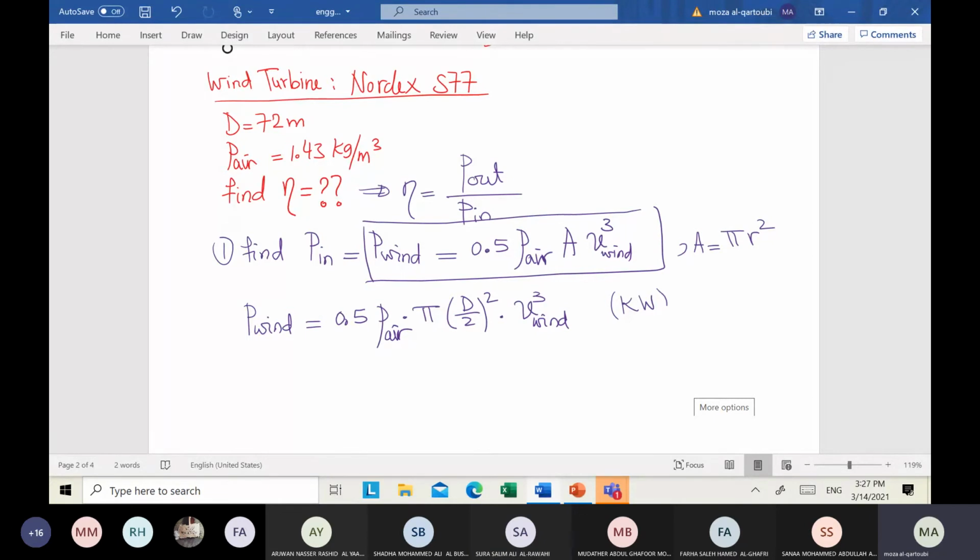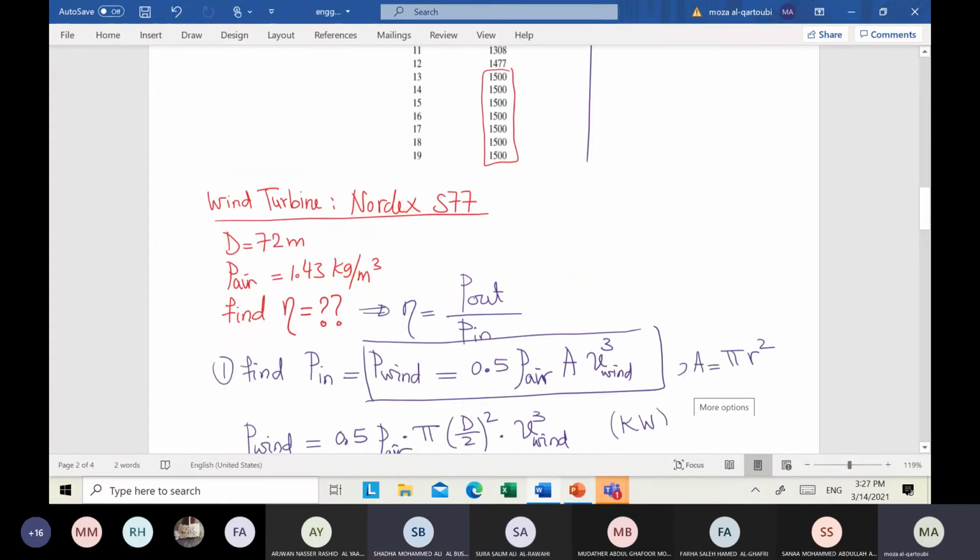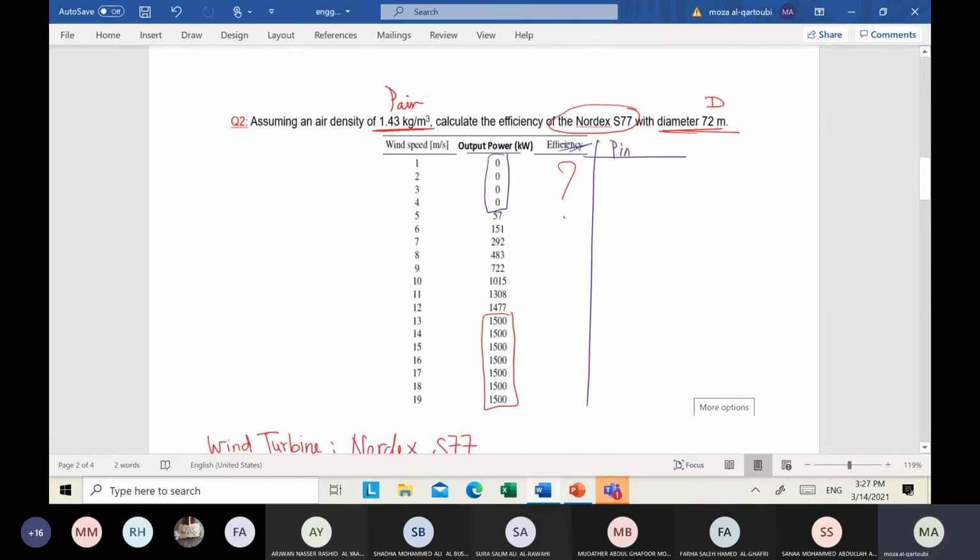So it depends only on the speed, the wind velocity, as the speed changes from 1 to 19.